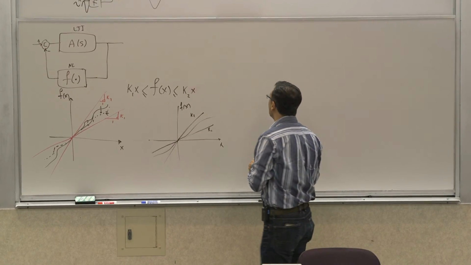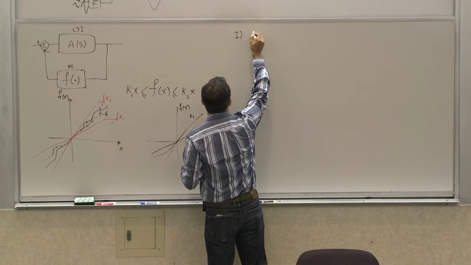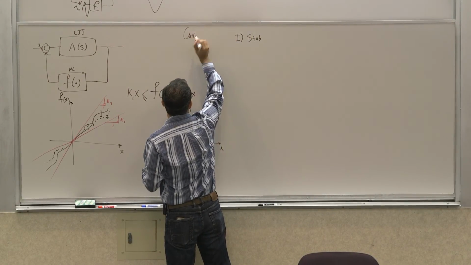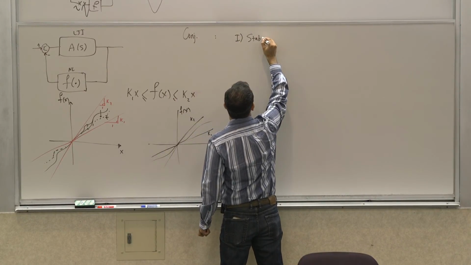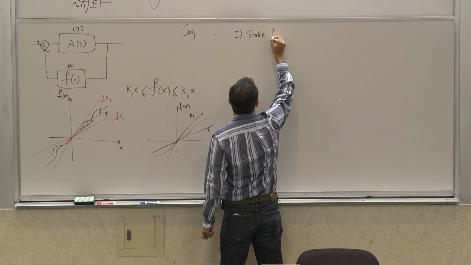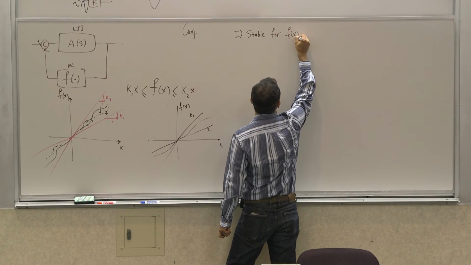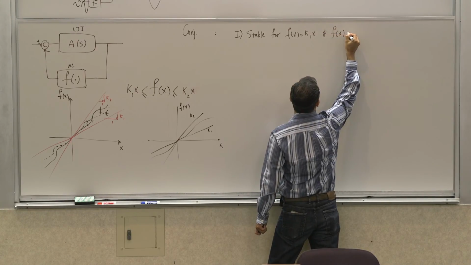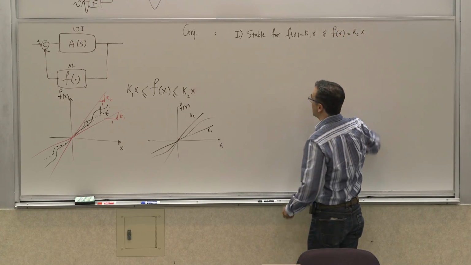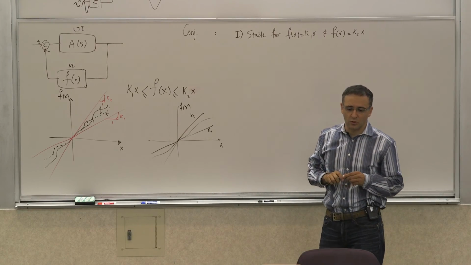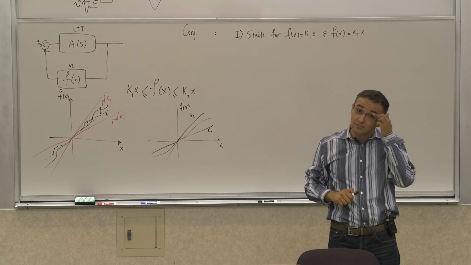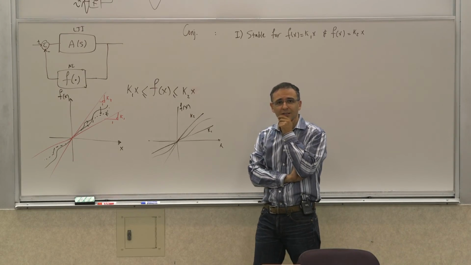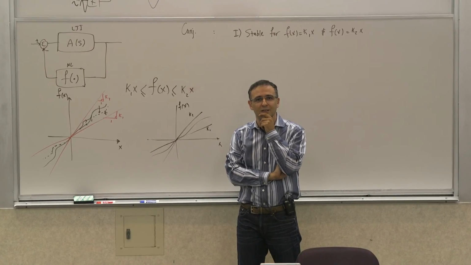So conjecture number one is that it is stable for f of x equal to k1x and f of x equal to k2x. You're saying it's stable if it's stable for those two. Okay, and what is the logic for that? What led you to that guess?